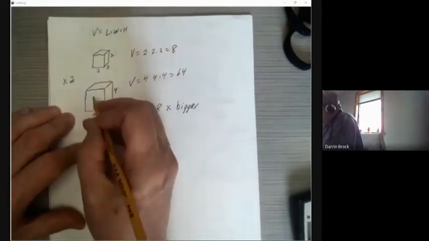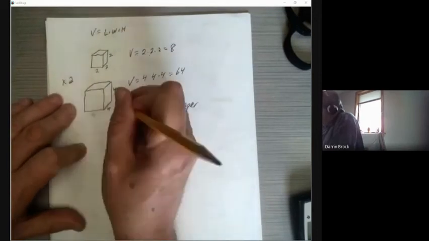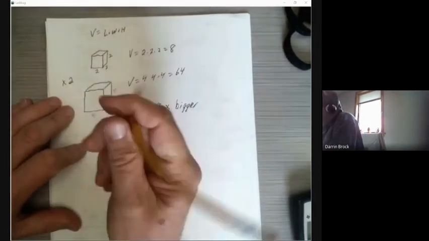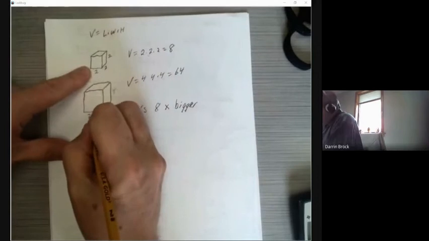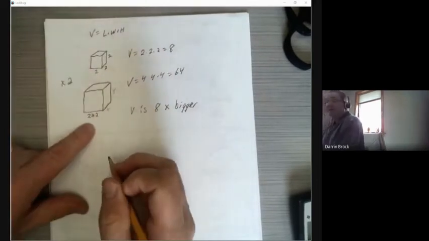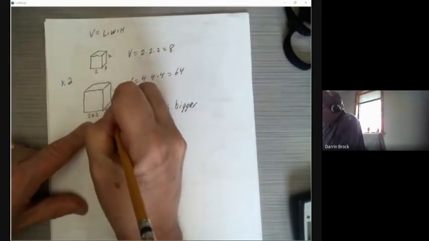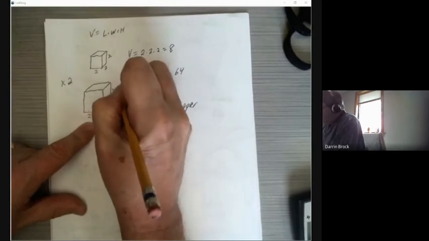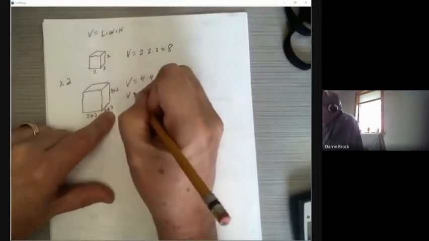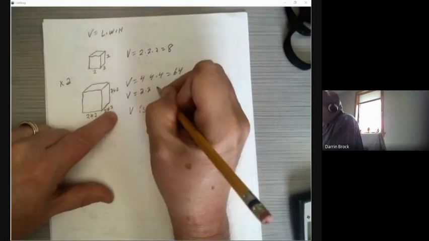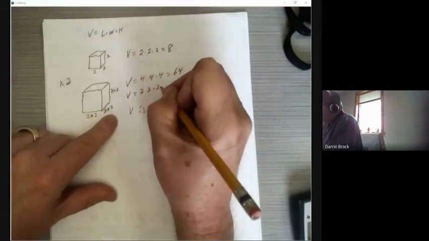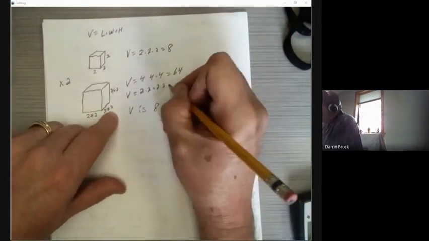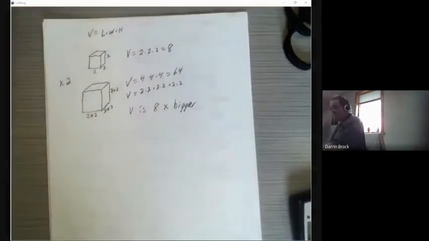Well, what if I said instead of 4, I'm going to write this as the original 2 times 2, because we got twice as big. 2 times 2, 2 times 2. So then we would figure the volume as 2 times 2 times 2 times 2 times 2 times 2.